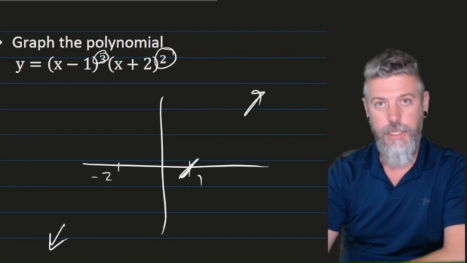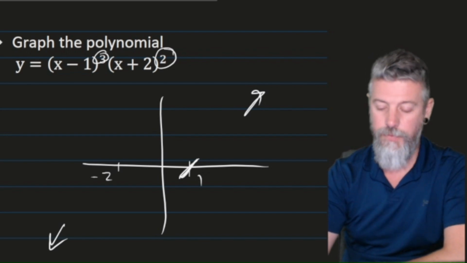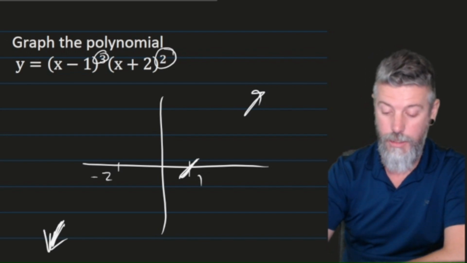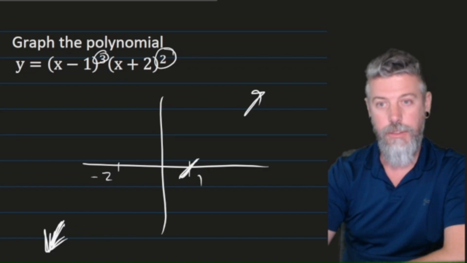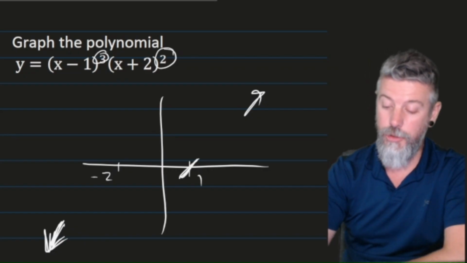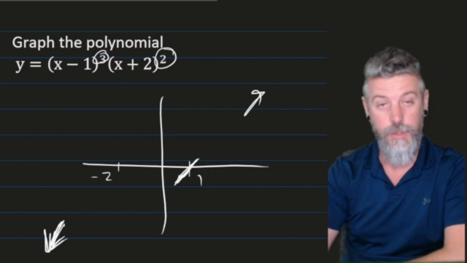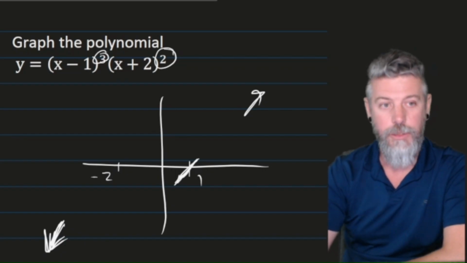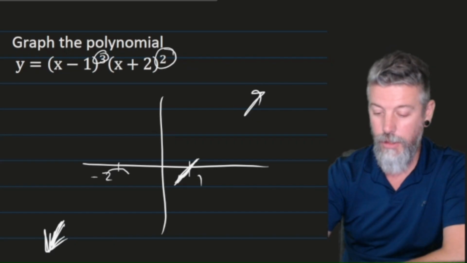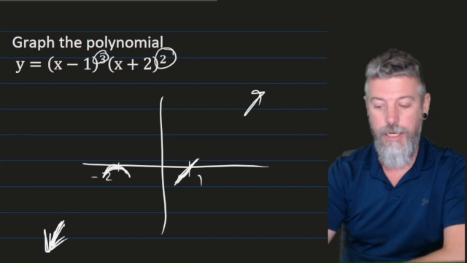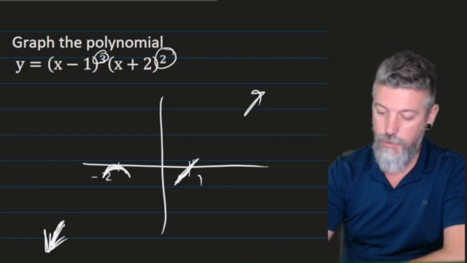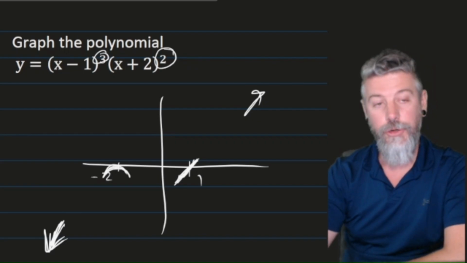So what we have to look at and go, well, where is the graph coming in towards this factor? Well, it's coming in from the bottom here, so we're expecting it to bounce and stay on the bottom. Let's look at where it's going to join up over here. That is also on the bottom, so we're happy with this. We're expecting this bounce to come along and go like this. Just touch the x-axis and then bounce back. Then come to this one and go through.